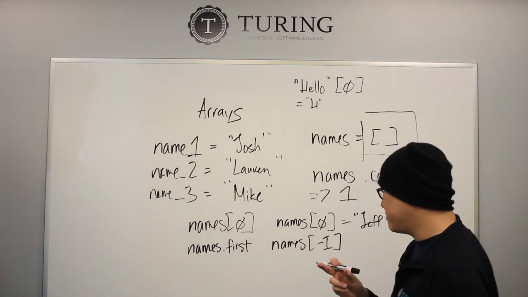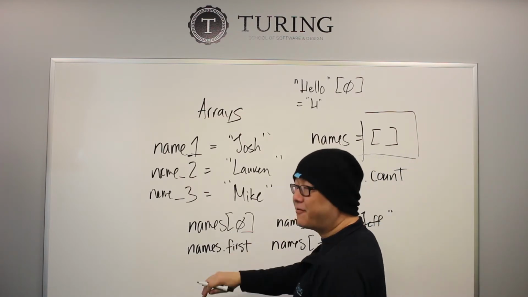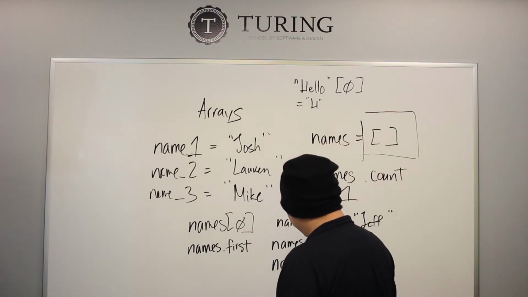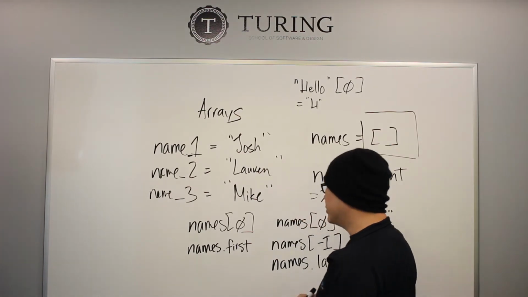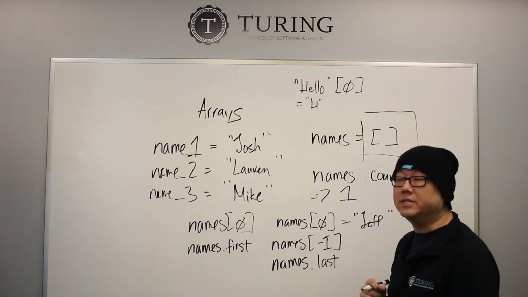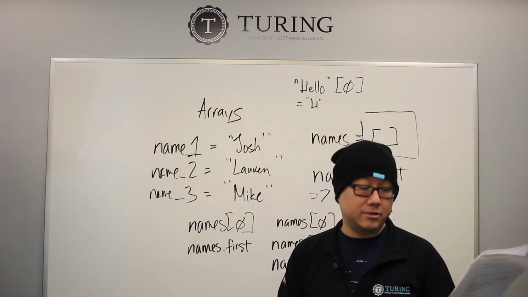There's only one in here. And of course, if names.first works here, we can surmise what names.last will give us: the last item in this array. And again, because Jeff is the only item in this array, names.last will give us just the same one.